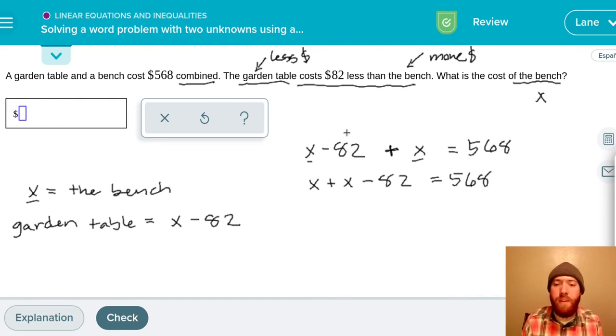Right? This would mean the same thing. We're adding x twice, so it doesn't matter in which order you add. And this second equation is the same as the first. Now, x plus x, we would write that as 2 times x, or 2x.